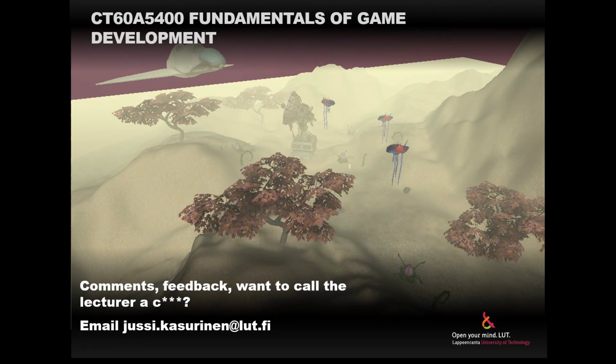So that's that. This was the second lecture of Fundamentals of Game Development. We talked about the different game development tools. We talked about how games are designed in general. So hopefully you found this information useful, and you can get started on your own game design.